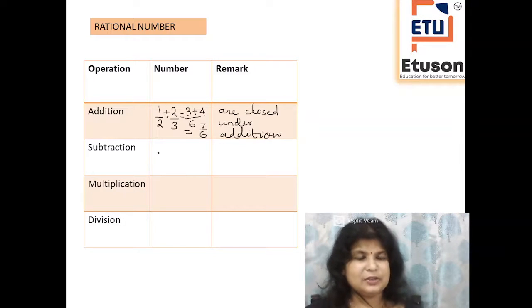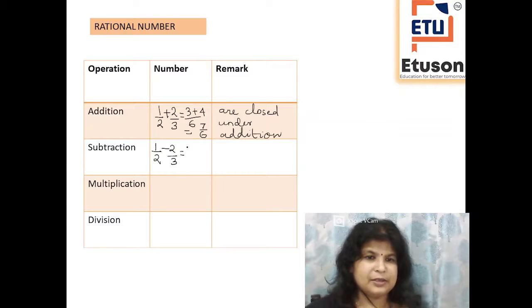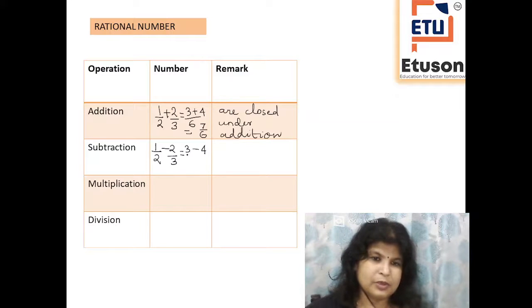Correct. Now suppose I take the same rational numbers, 1 by 2 minus 2 by 3. So what will you get? You will get 3 minus 2 into 2, it is 4, divided by 6. What's the answer?